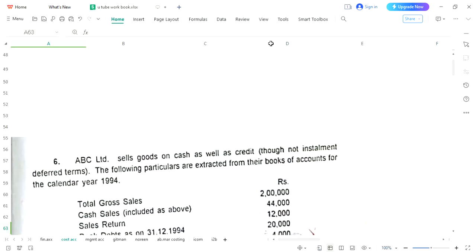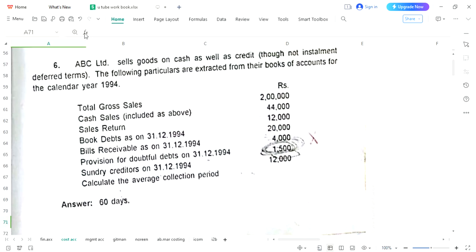Now our question is suggesting how many receivables are there. Book debts, these are debtors. Please understand, book debts, debtors. And only closing debtors are given. Bills receivable, these are also accounts receivable, and only closing are given. It means these are receivables, and there is no need to calculate average because opening is not given.